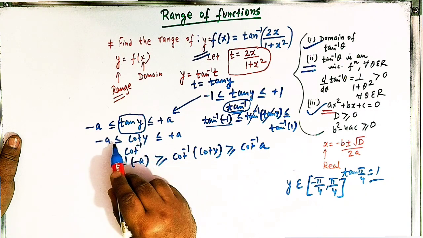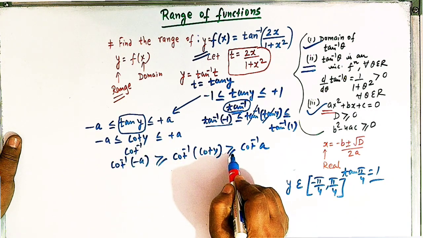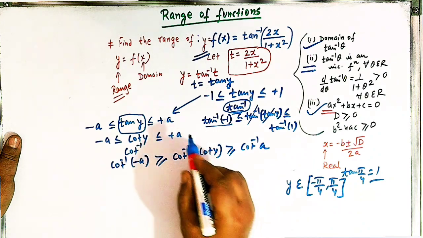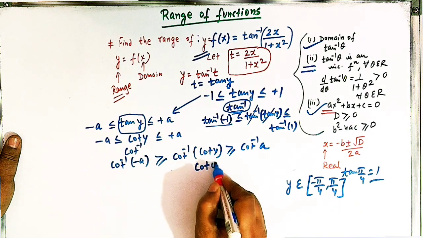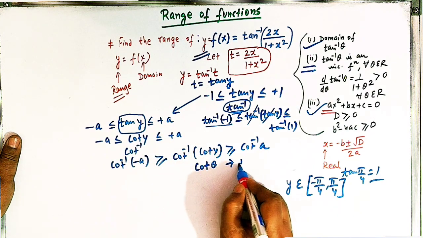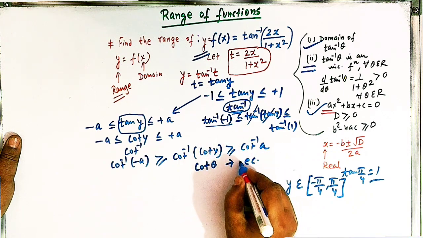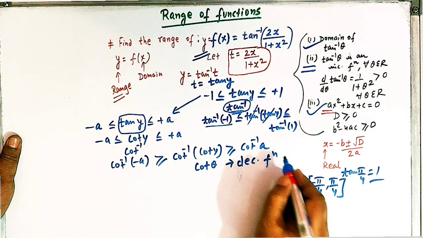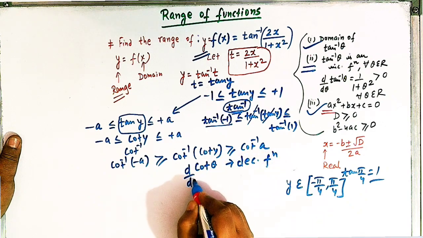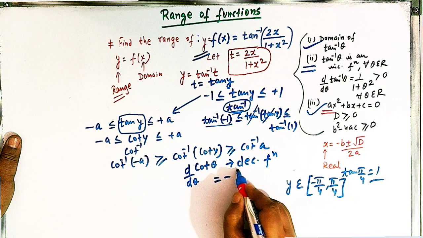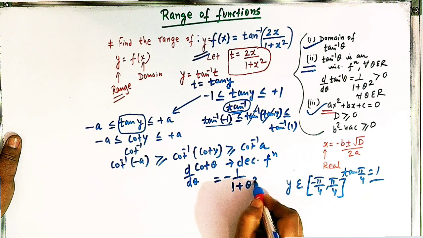So in this case, the direction of the inequality gets reversed, because the cot function, that is cot theta, is a decreasing function, right? So the cot function is a decreasing function because the derivative of cot theta is minus 1 over 1 plus theta square.